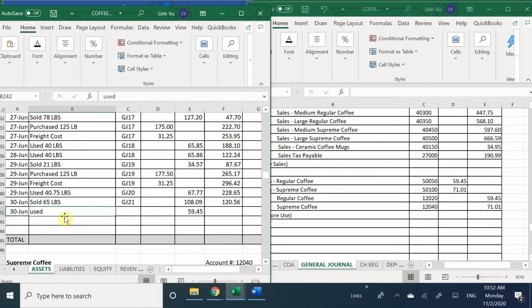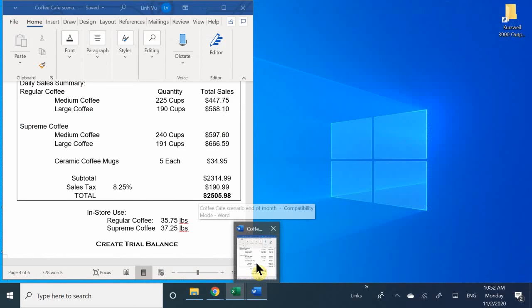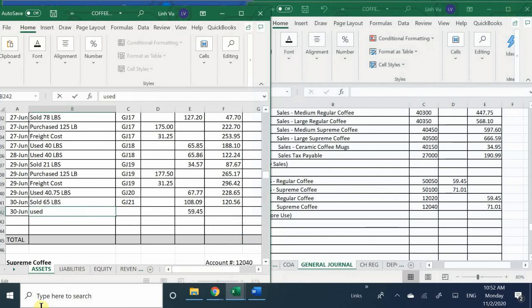So how many pounds did I use? Oh, okay, 35.75 pounds. And this was General Journal number 21.